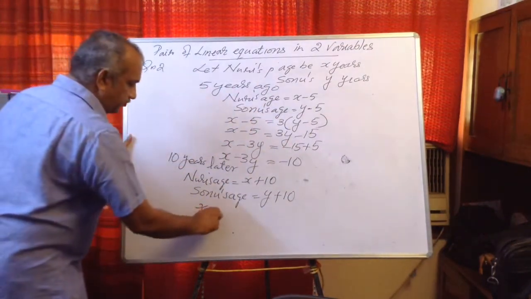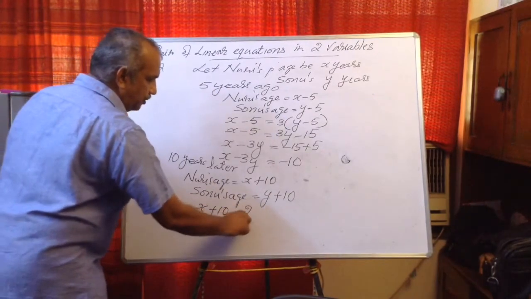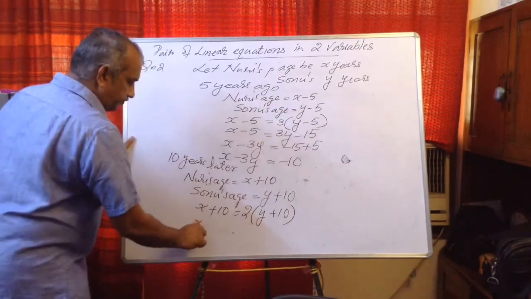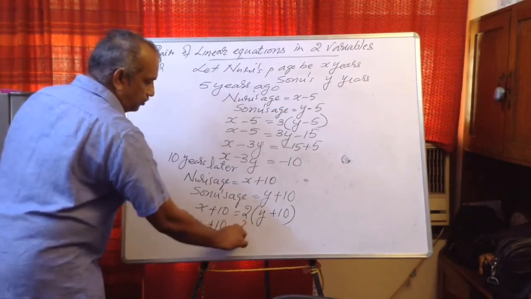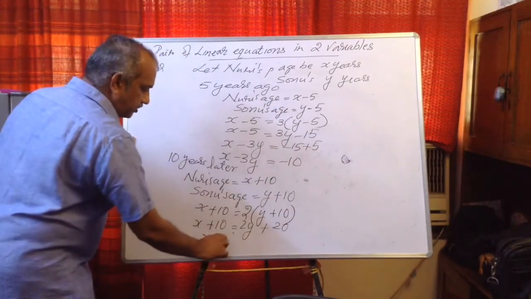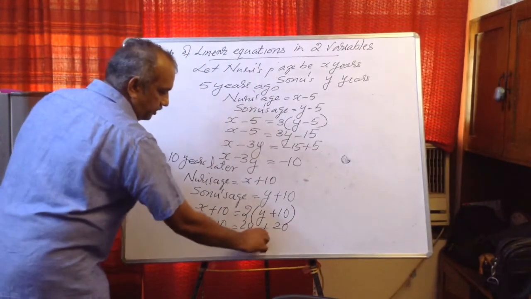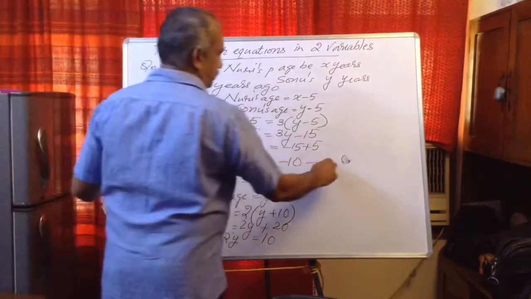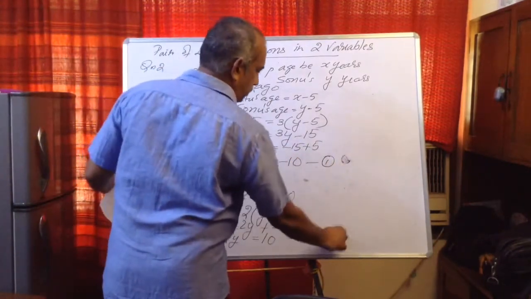So x plus 10 is equal to 2 into y plus 10. Open the bracket: x plus 10 is equal to 2y plus 20, or x minus 2y is equal to 10. This is the second equation. So first equation, second one.